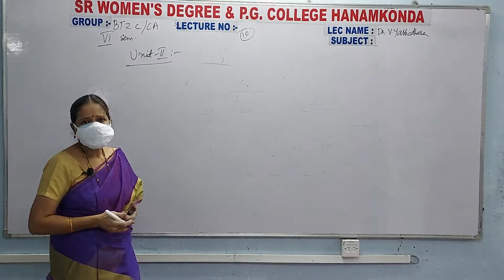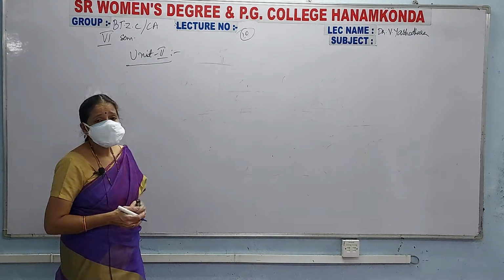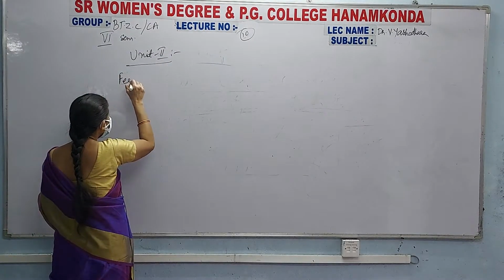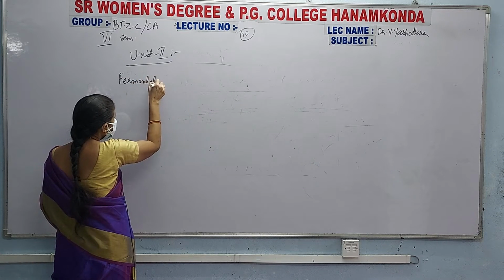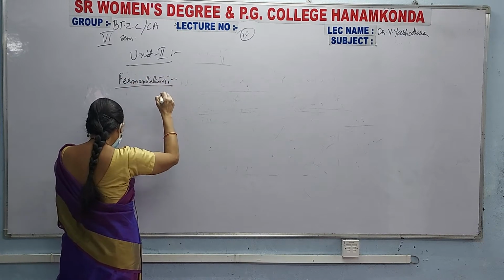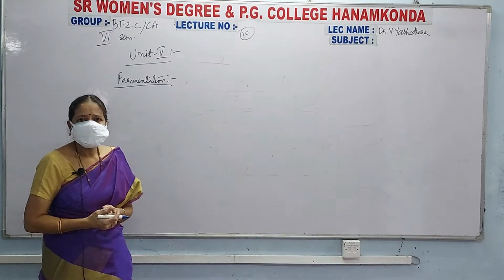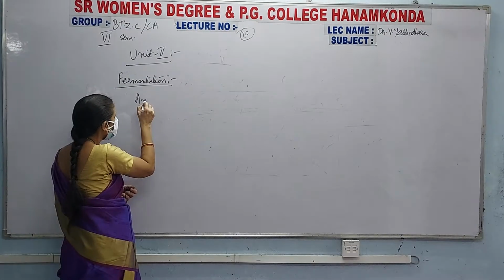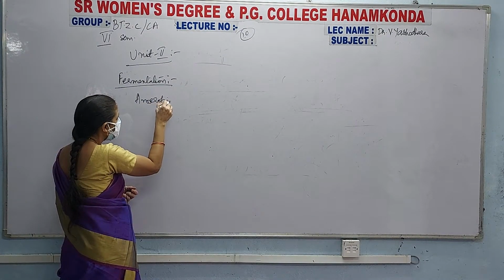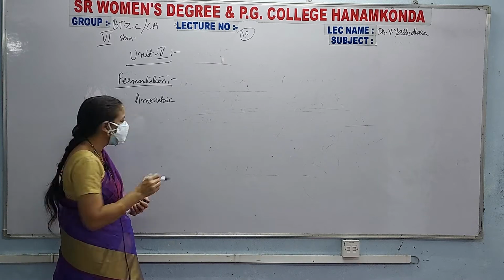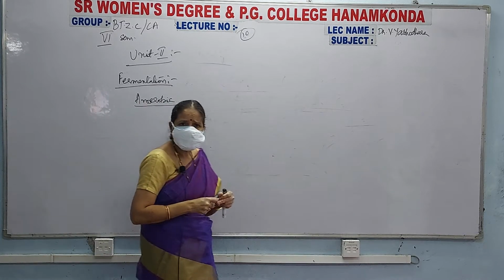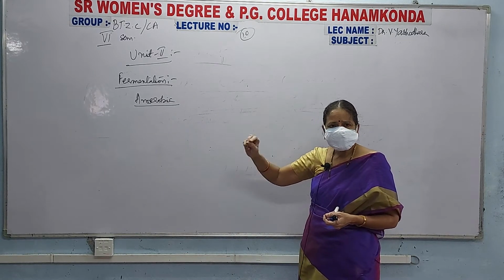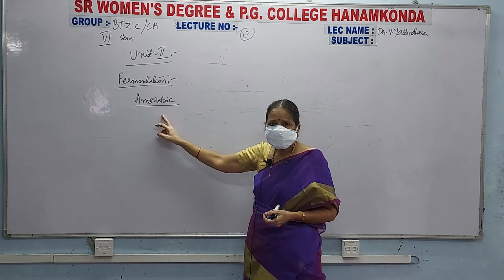In this unit 2, what you are doing is fermentation technology. Then let us define what is fermentation. Fermentation is the anaerobic breakdown of complex organic substances into simple forms, which is known as anaerobic fermentation.